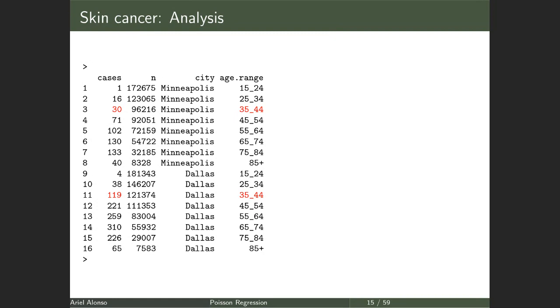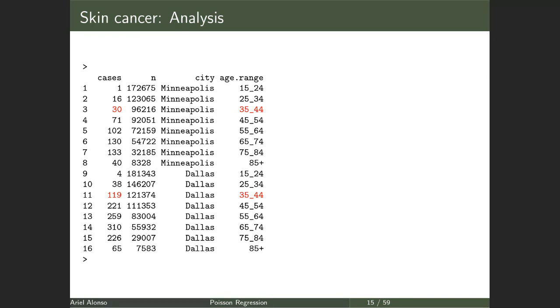Now, if you look at this data for the skin cancer problem, you realize immediately that you need to be careful here. Suppose, for instance, that you are looking at the number of skin cancers in Minneapolis in the group between 35 and 44 years old. Well, we observed there 30 cases of skin cancer. If you look at Dallas, in the same age group between 35 and 44, you had 119 cases of skin cancers.